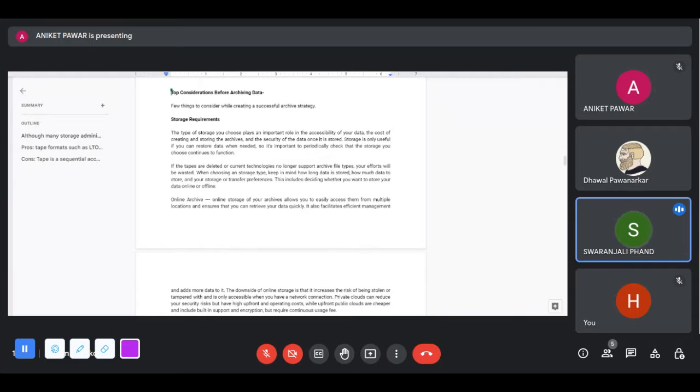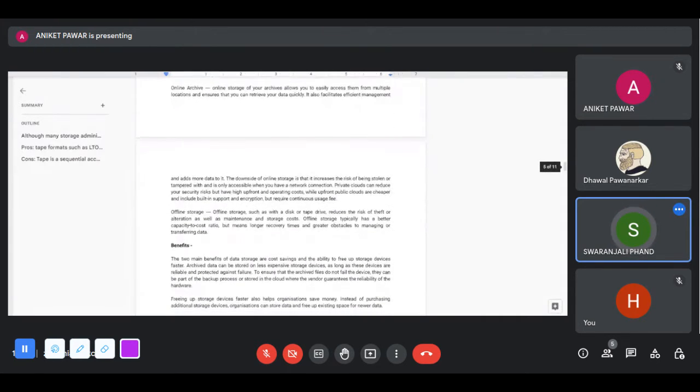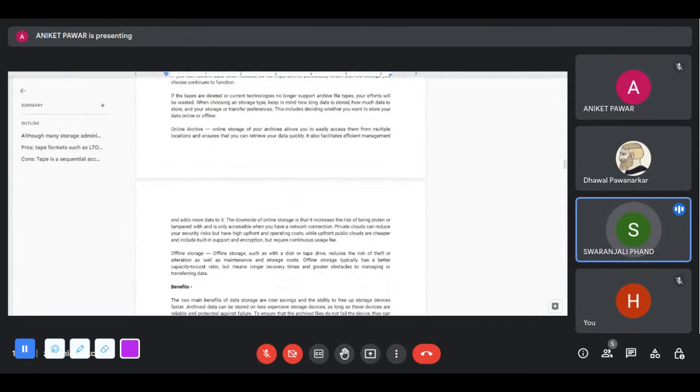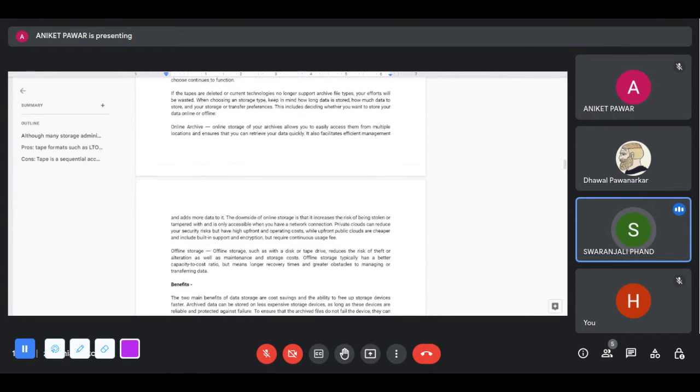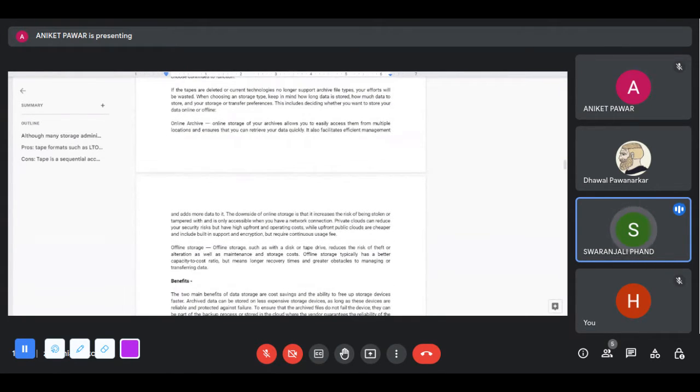That includes deciding whether you want to store your data online or offline. The online storage of your archives allows you to easily access them from multiple locations and retrieve your data quickly. Private clouds can reduce the security risk, but they have a high upfront and operating cost.